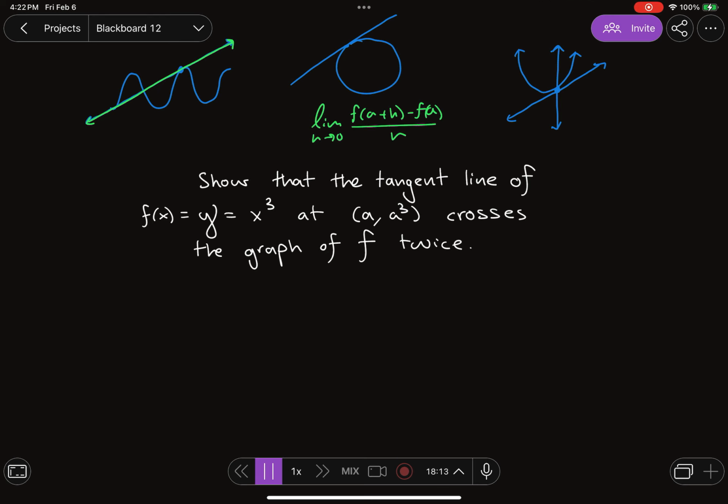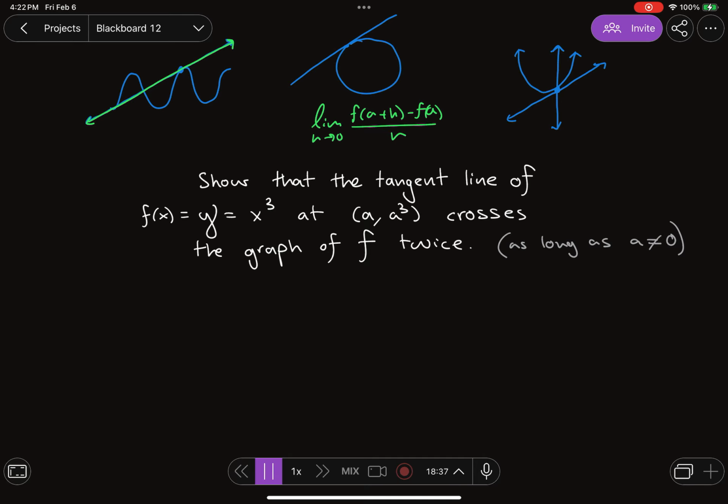To illustrate that tangent lines do cross the curve more than once, we have this example. We're going to show that the tangent line of x cubed at the point a, a cubed crosses the graph of f twice. And I really should say that's not true as long as a does not equal 0.